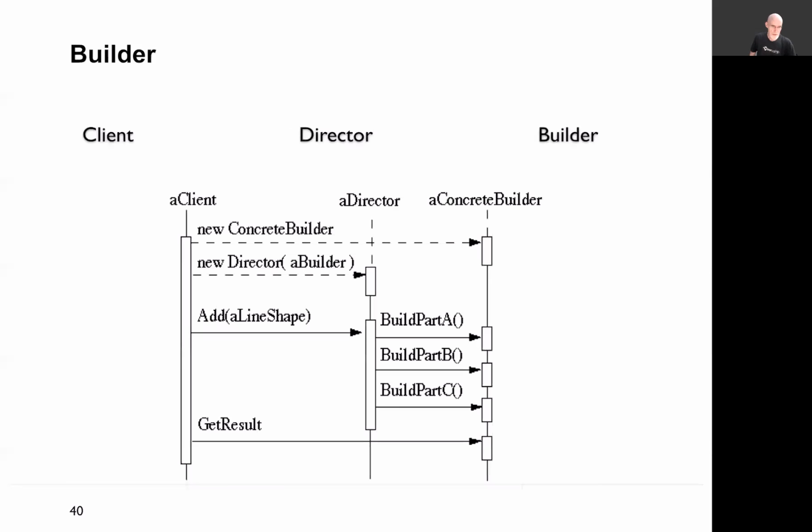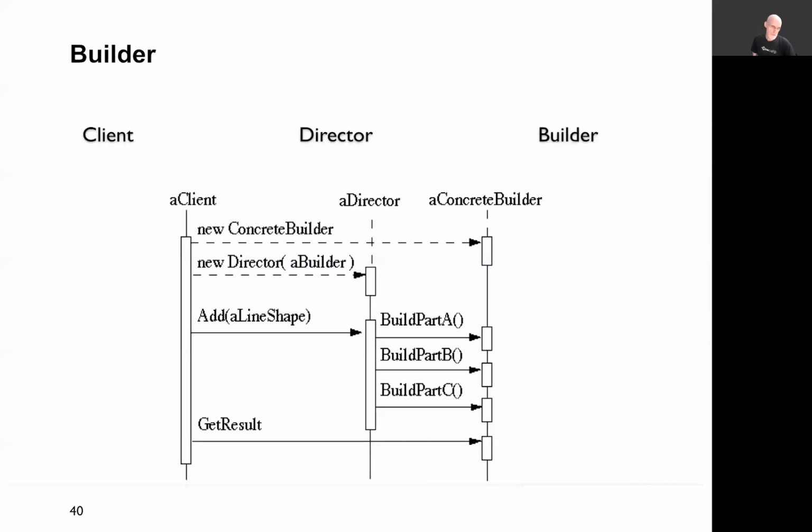So there are 3 roles in this pattern. The client or an object wants to build something, and there's a director and a concrete builder. The client interacts with the director and keeps asking, build me this thing.